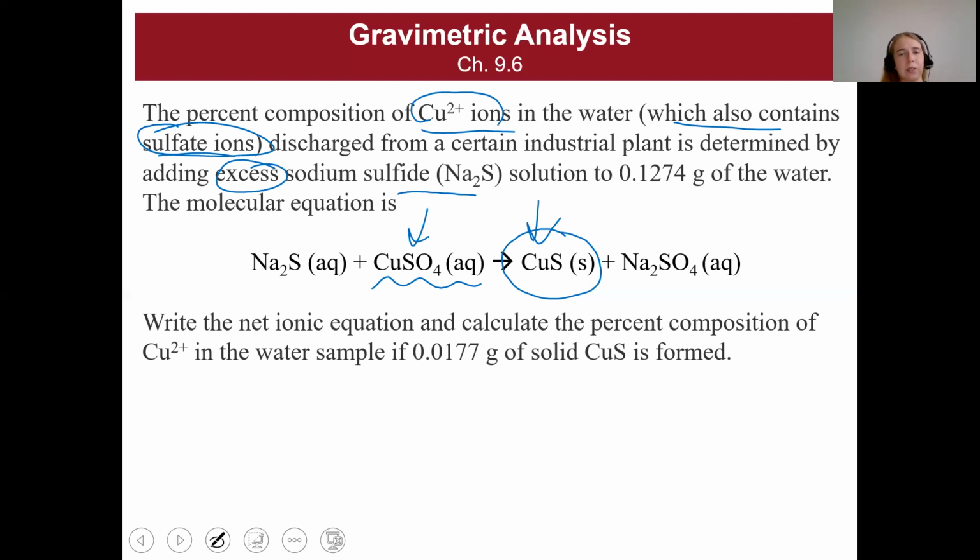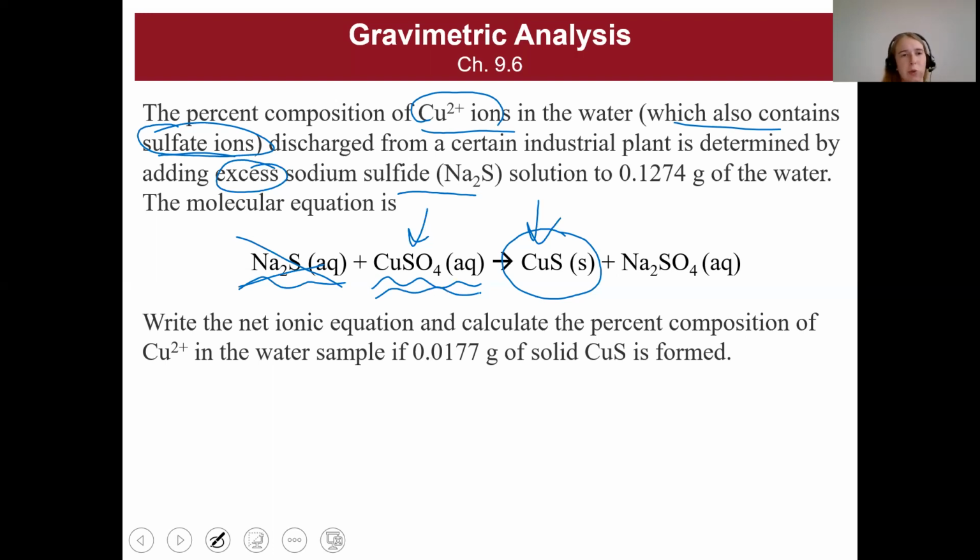Because if it is our limiting reactant, then all of the copper in copper sulfide came from the copper in copper sulfate. So it's our limiting reactant. We will have more of this left over, but that's okay because we don't care. We're not trying to analyze this. We're trying to analyze this.